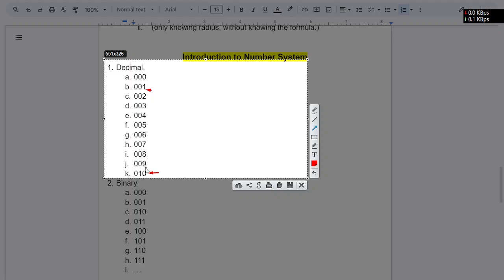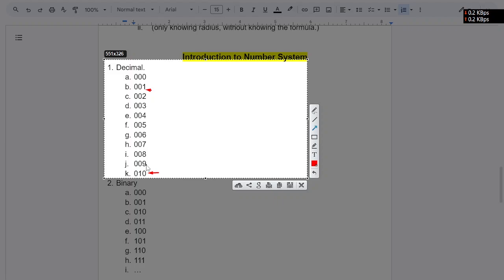If we want to increment after this number, we have to reset the 9 into 0, because 9 is the biggest or largest basic digit in the decimal number system.